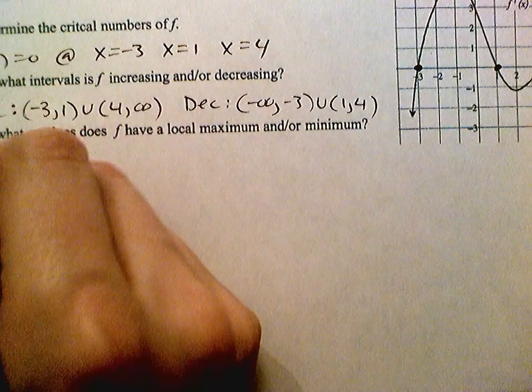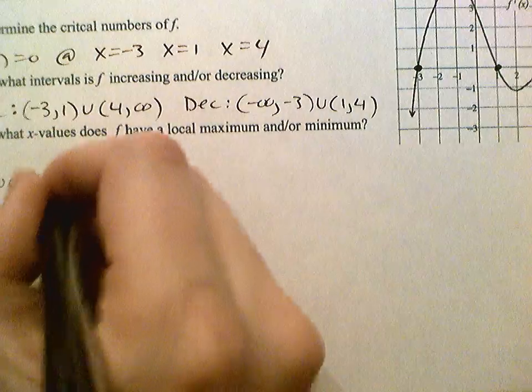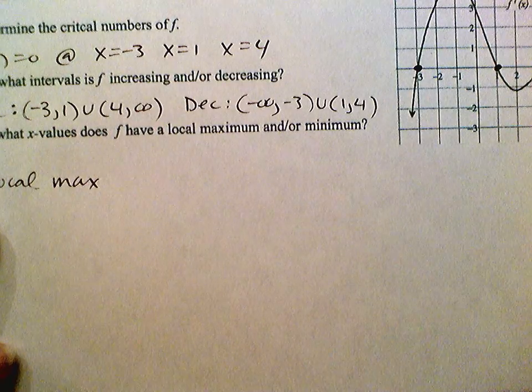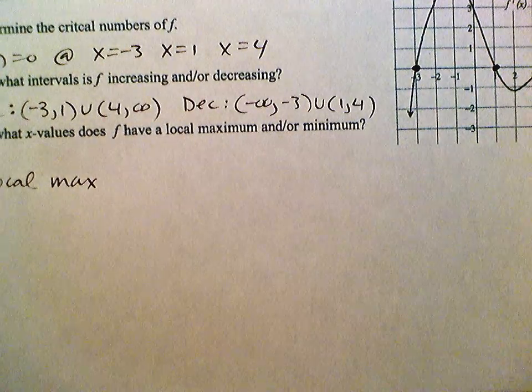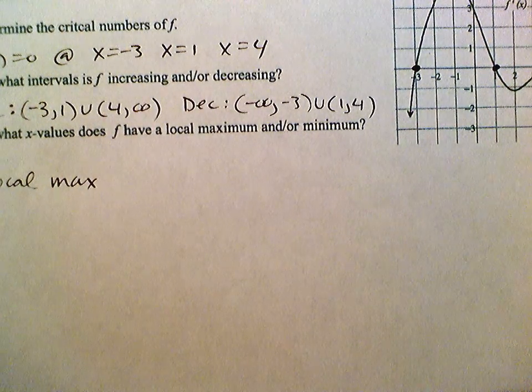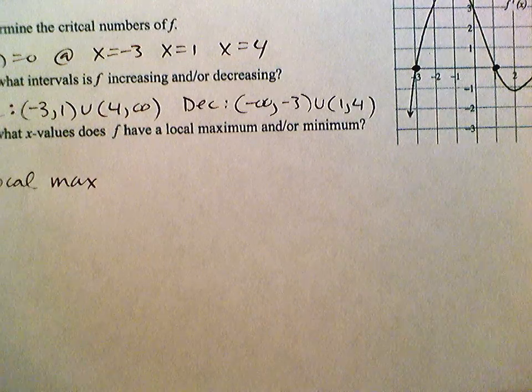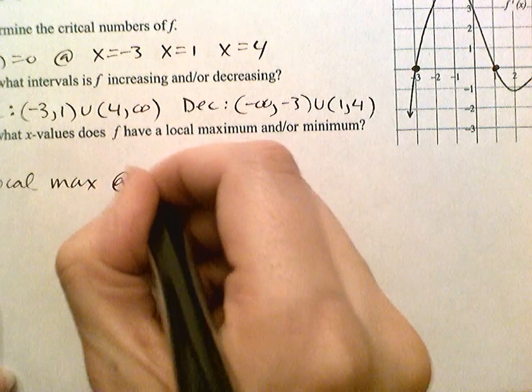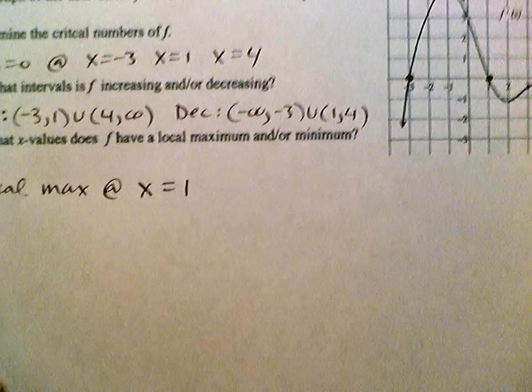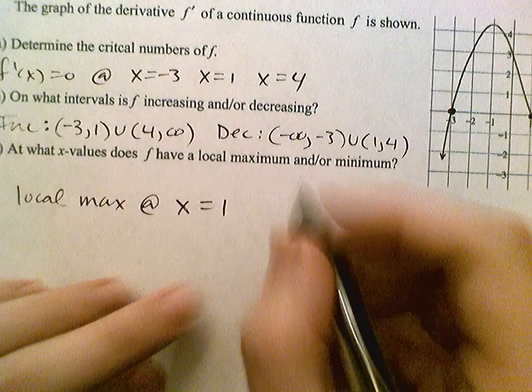So I'm just going to give you the answers. Local max at x equals 1. Okay, and you explain why for homework.